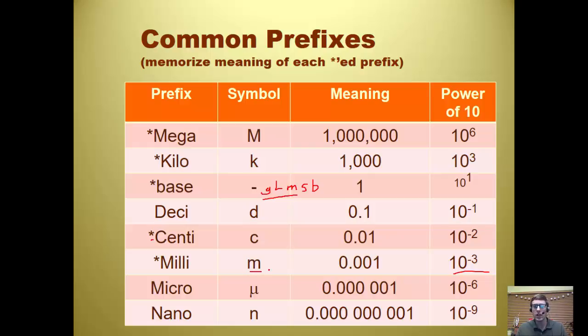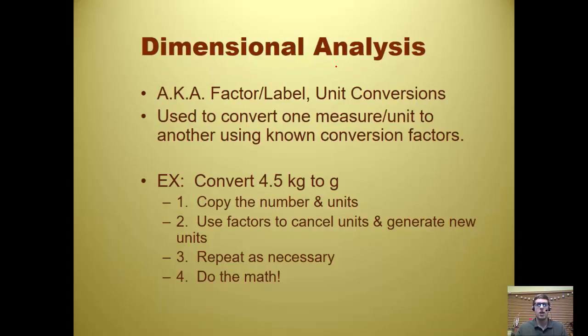Notice this is also lowercase m, so millimeters would be mm. Nano we might use, micro you use in microscopics, pico even sometimes is used in biology, but this is all I really want you guys to know. Remember, you're going to memorize the asterisk ones.